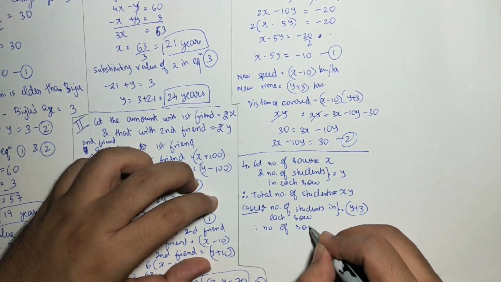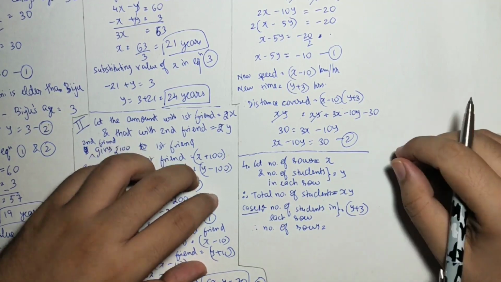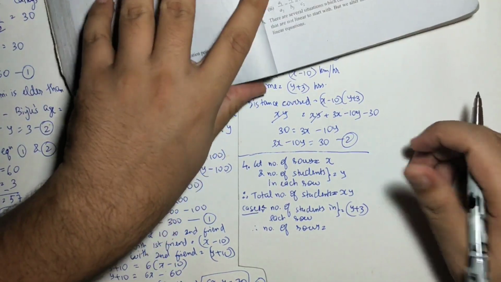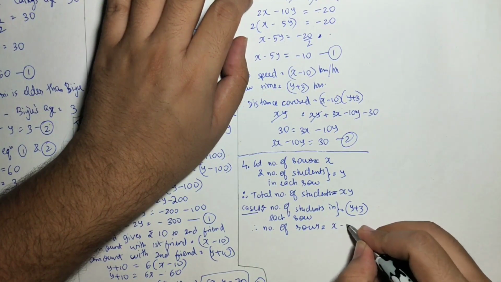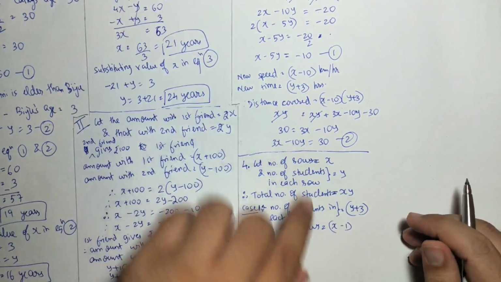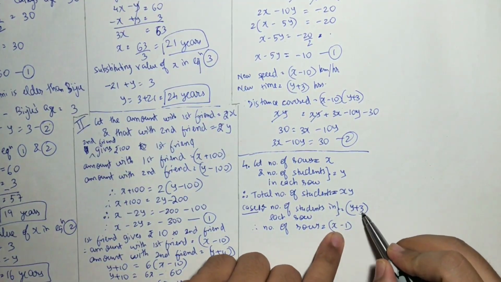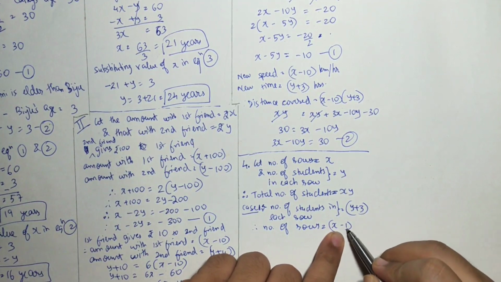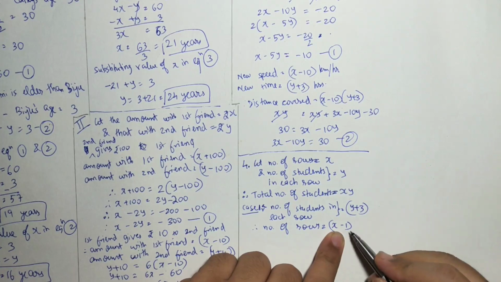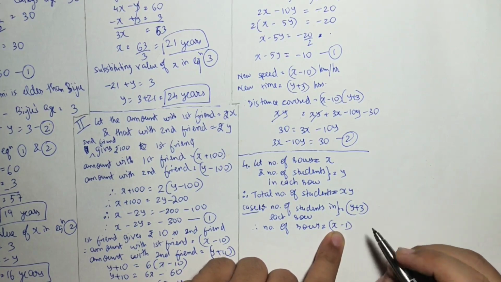How many rows will be reduced? 1 row will be reduced, so the number of rows will be x minus 1.